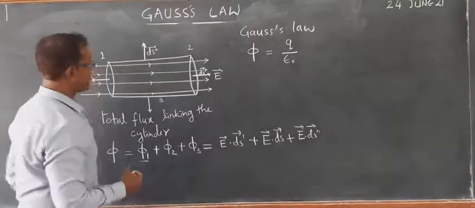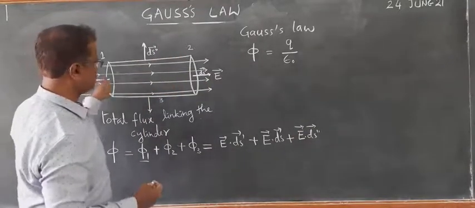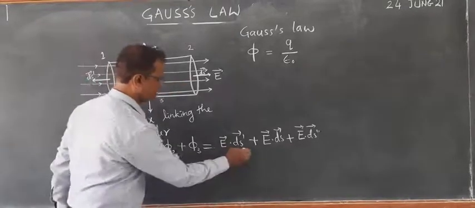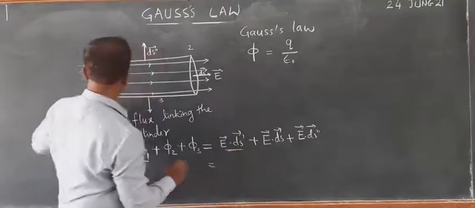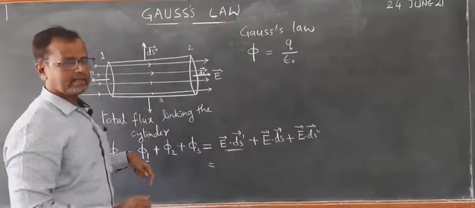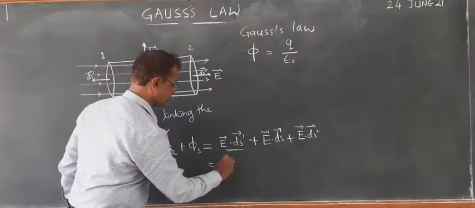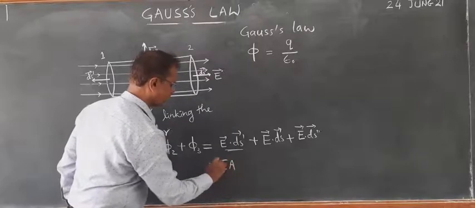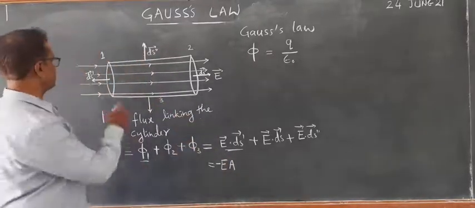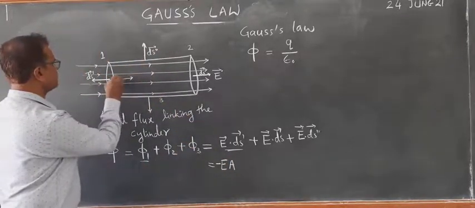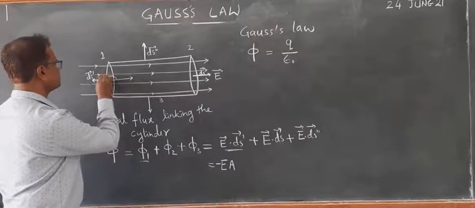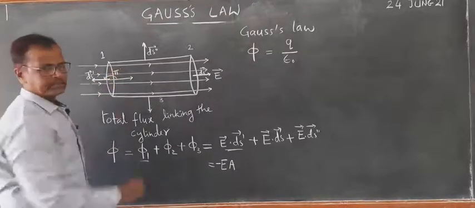So, now if you look at it, E dot ds dash, E dot ds, if you take this total surface area as A, then it becomes EA with negative sign, because the angle between the electric field and the area vector is 180 degrees, pi.